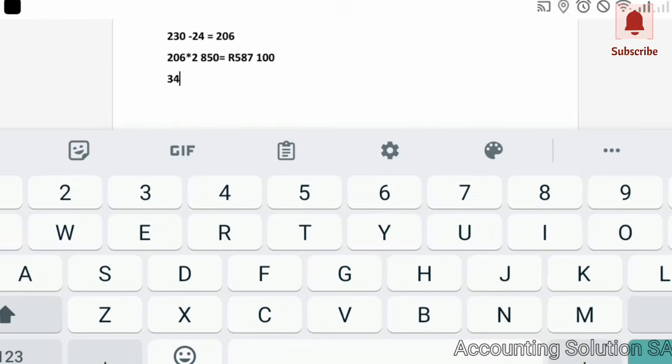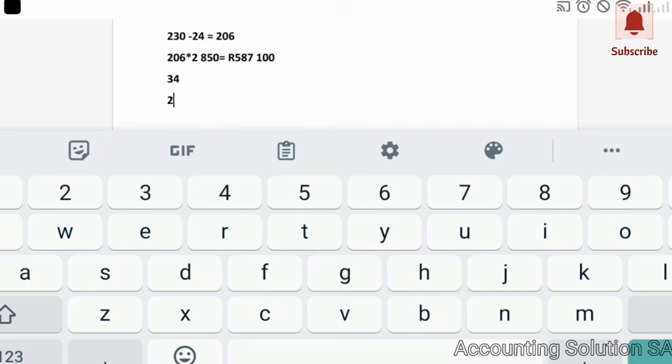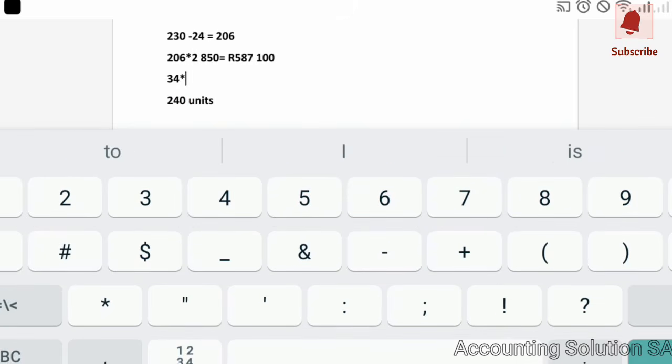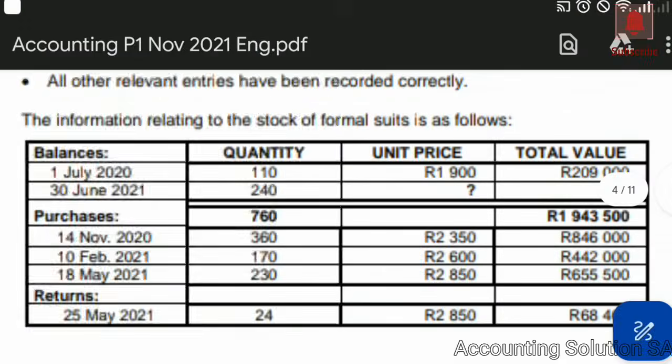Now if you take 206 plus 34 it is going to give you 240 units, which is the total units at the end. Okay, now 34 that we have to multiply by the unit amount.